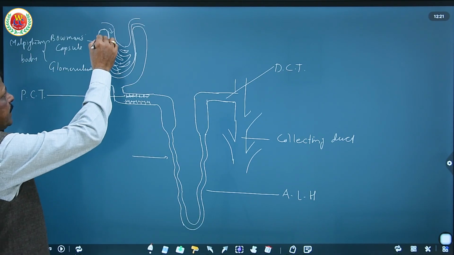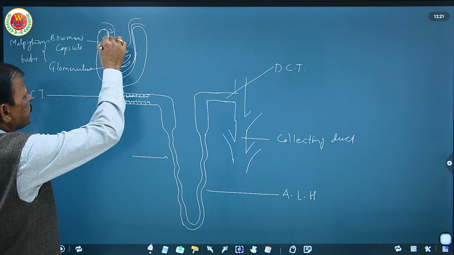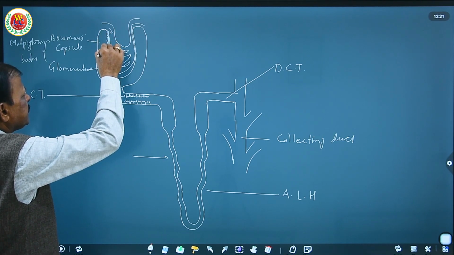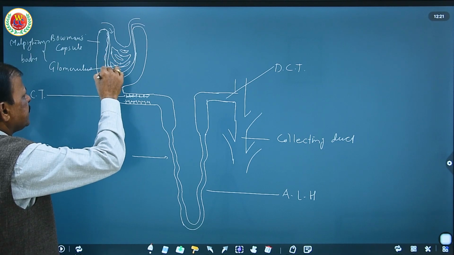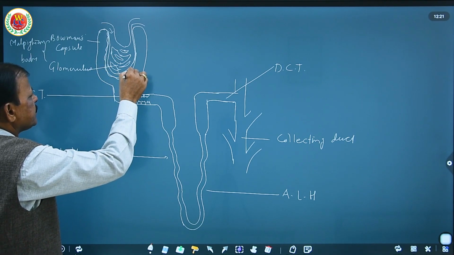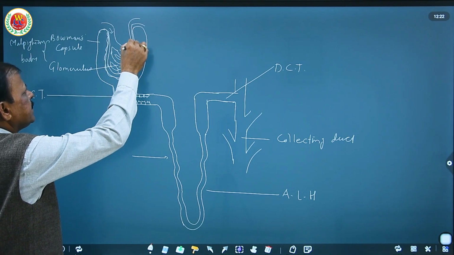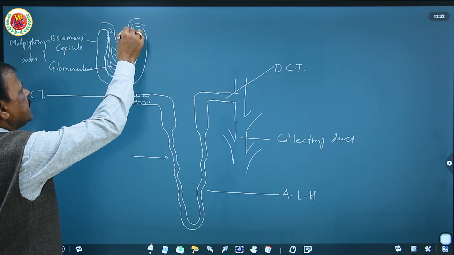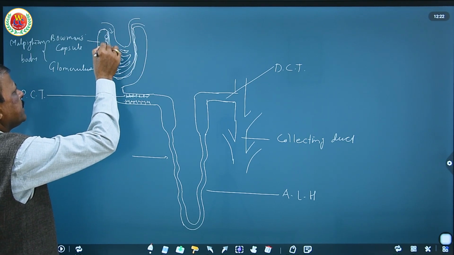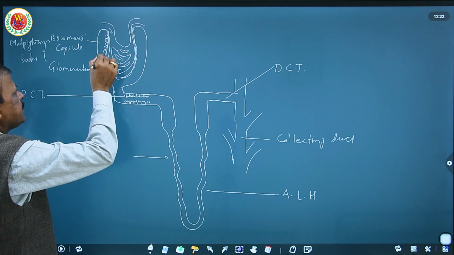Now, this Bowman's capsule is internally lined with squamous epithelium. Squamous cells are flat, tile-shaped, and they are interdigitated with cuboidal epithelium.